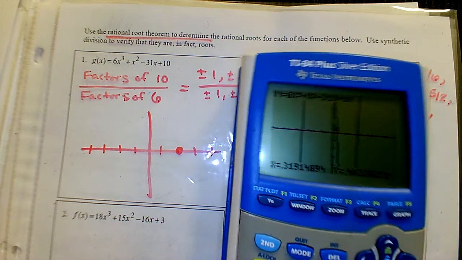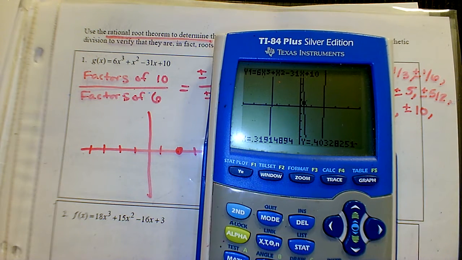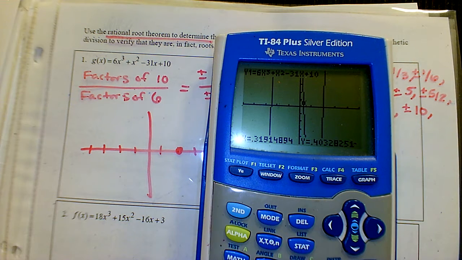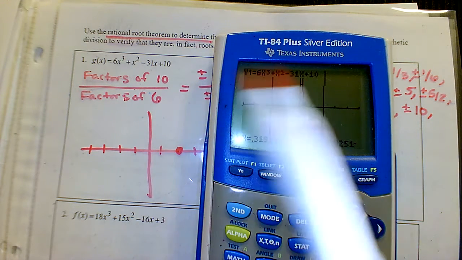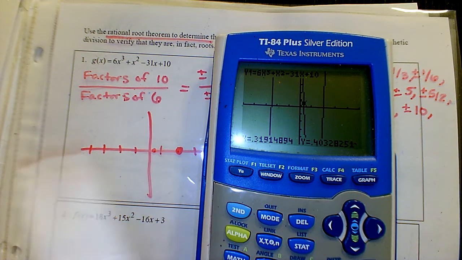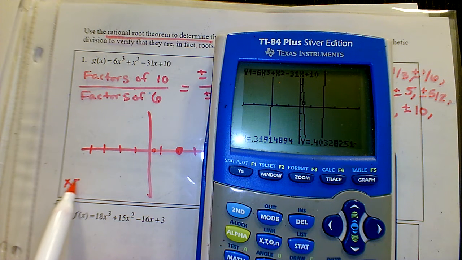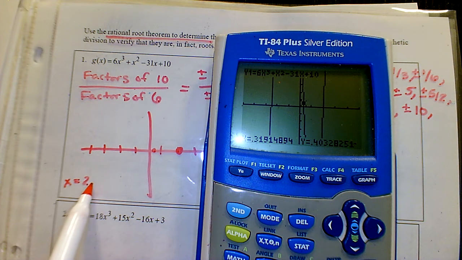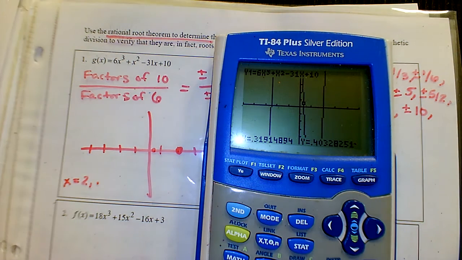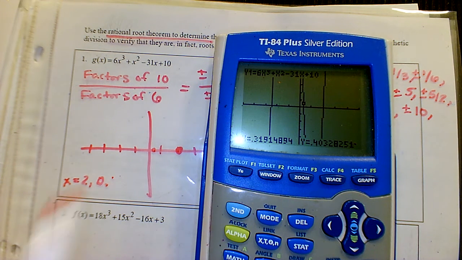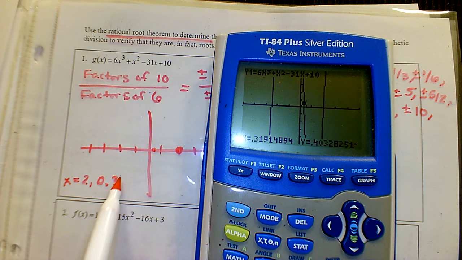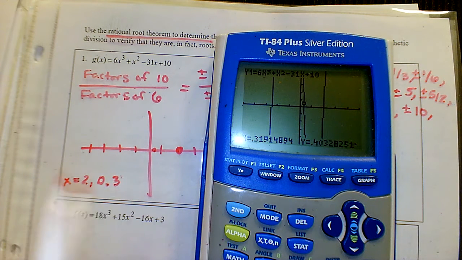Really close to 0.319. Okay, so maybe we'll make a list over here. X equals 2. Roughly, we'll say 0.4 or 0.3, somewhere in there. Maybe 3.3, 3.2, something like that.